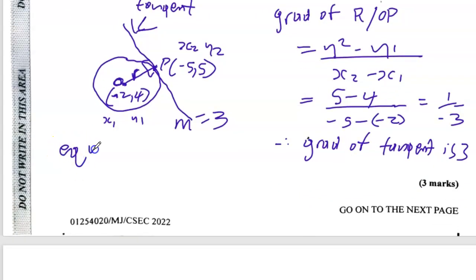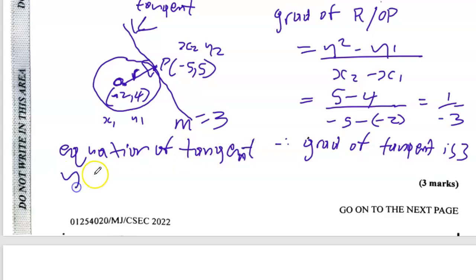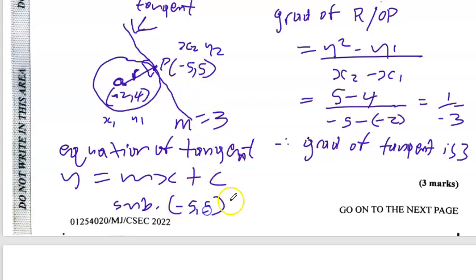Remember, the tangent is a straight line, and it takes the form y equals mx plus c. So we can substitute the point the tangent passes through, which is (-5, 5), that's point P, and m equal to 3.